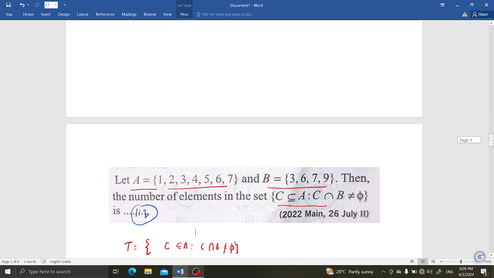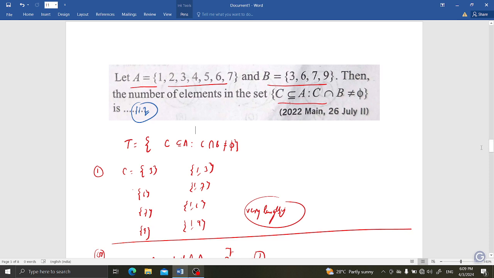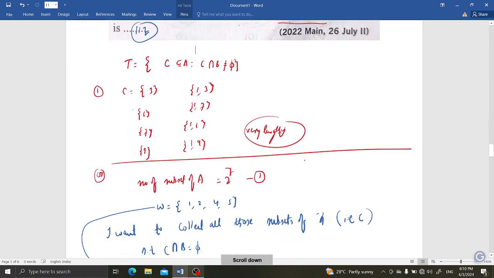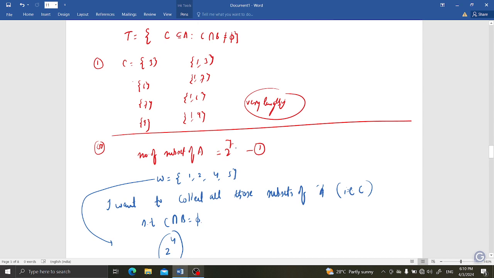I hope you understand this. What we did in this question, actually two ways are there. First of all, I can directly try to find the complete set T, but it is very lengthy and difficult to find like that. So instead, I'll find the total number of subsets, and from the total number of subsets, I need to remove all those C for which the intersection with B is empty.